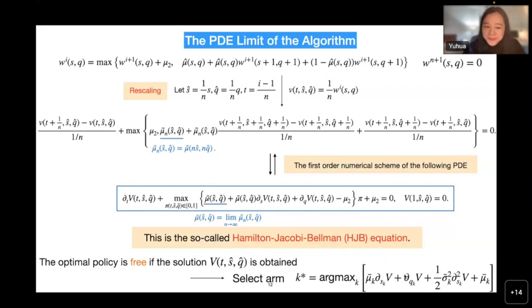Yes, there's a time mesh, but this time mesh is independent of your horizon n. It only depends on how you divide your time interval. For example, we may be solving a problem with horizon n of 1 million, but we can divide the time horizon by just 100, which is already a pretty good estimation of the solution. I see. So that will actually decrease the computational cost.